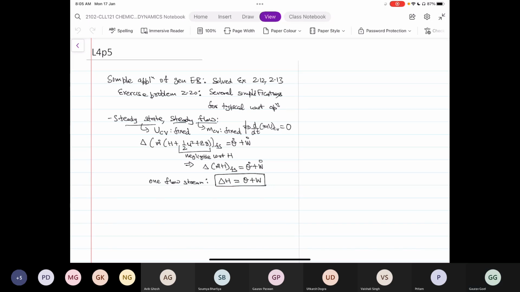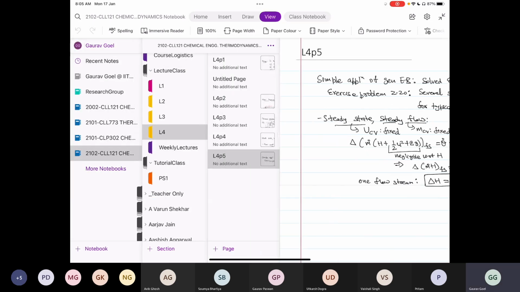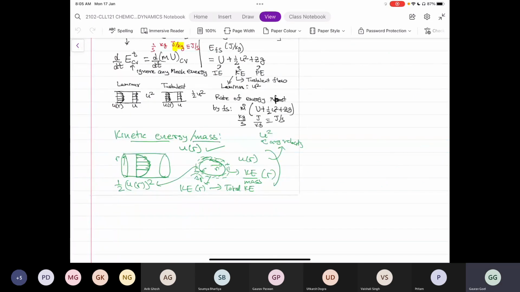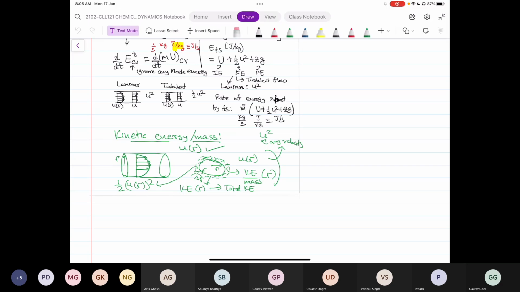Let's just see what you have done. I believe this is on page 3. So this is the approach you have followed. I want, in laminar flow, kinetic energy per unit mass.